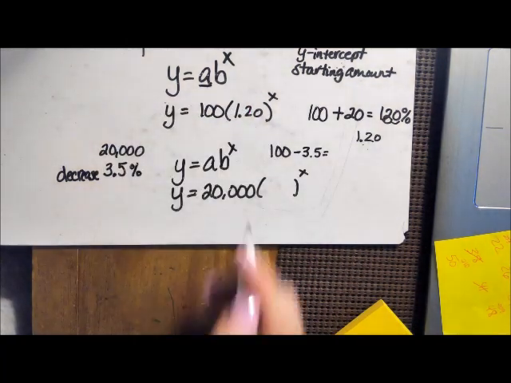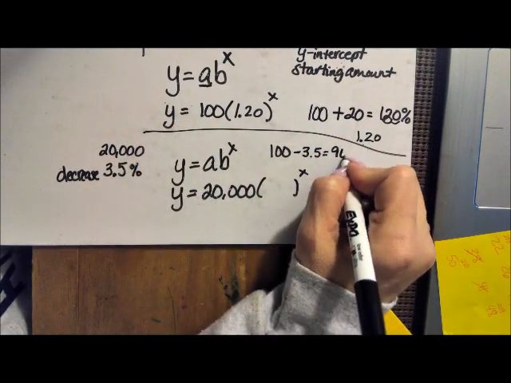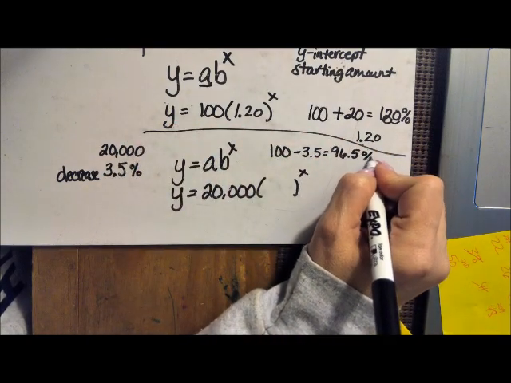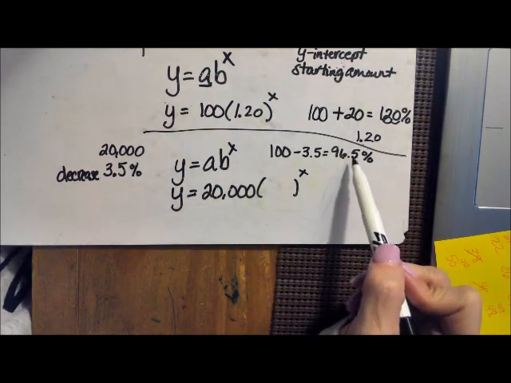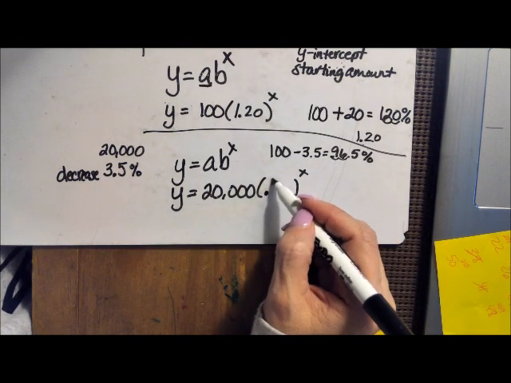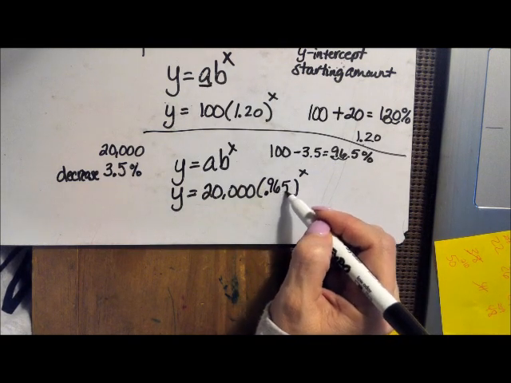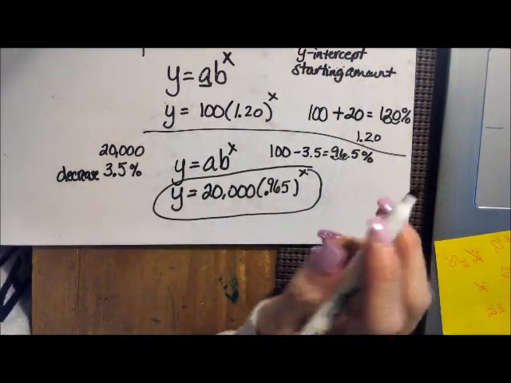Okay, so I'm going to come up here. This is where I'm working. 96.5%. Oh, but I can't put percents into here. So I have to move my decimal over, and it becomes 0.965. And there is my equation.